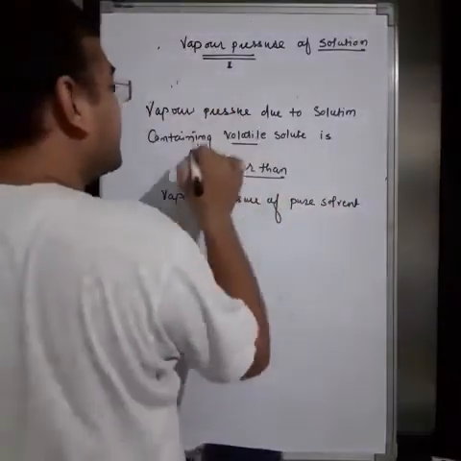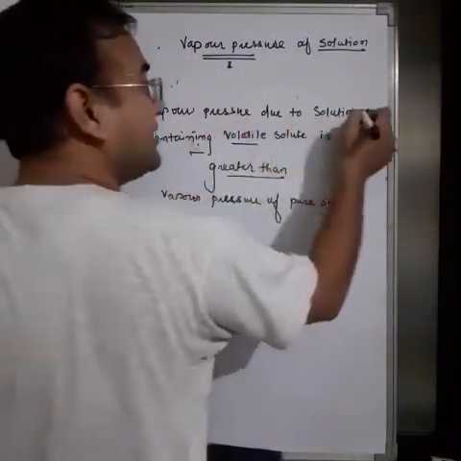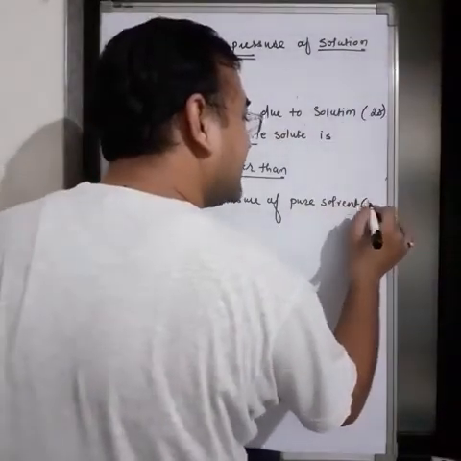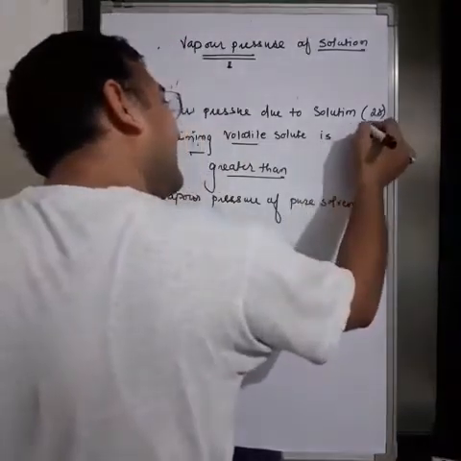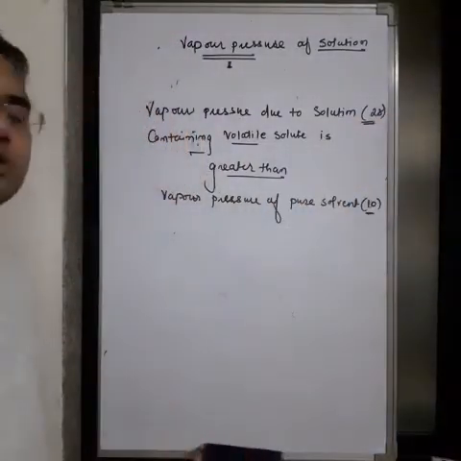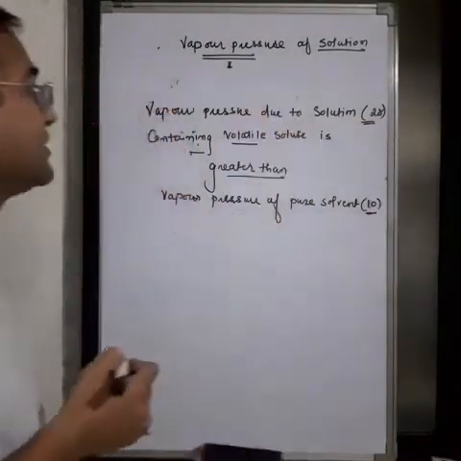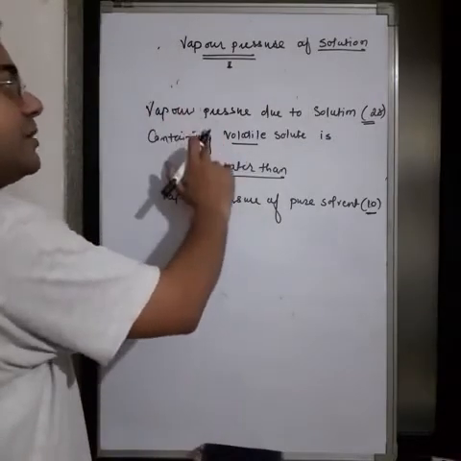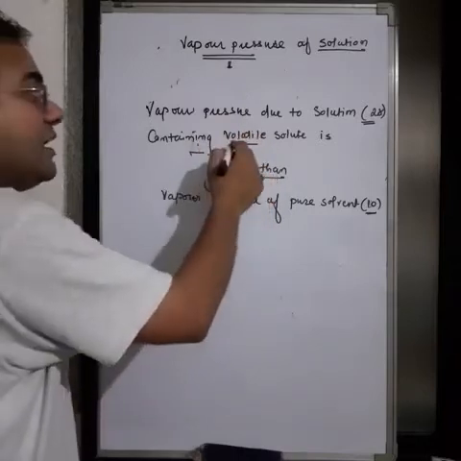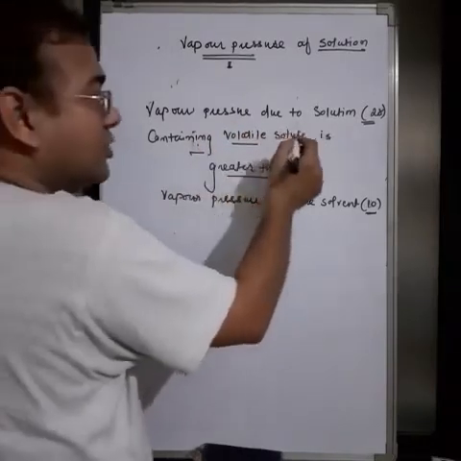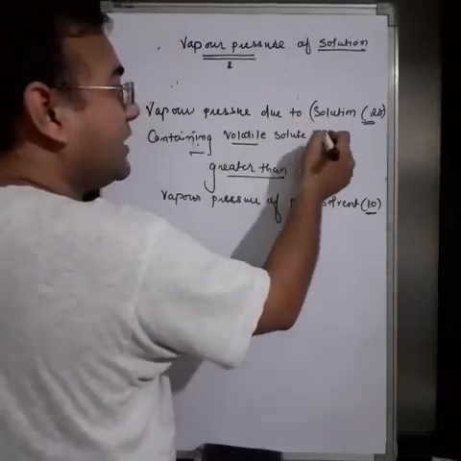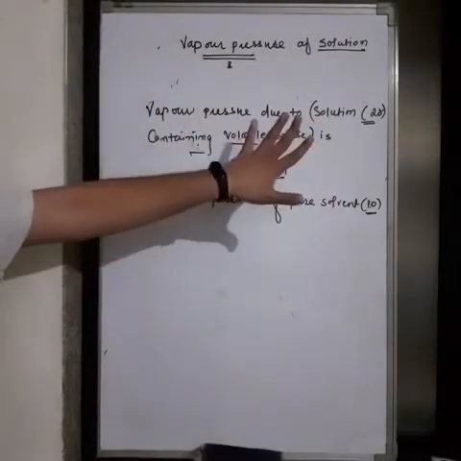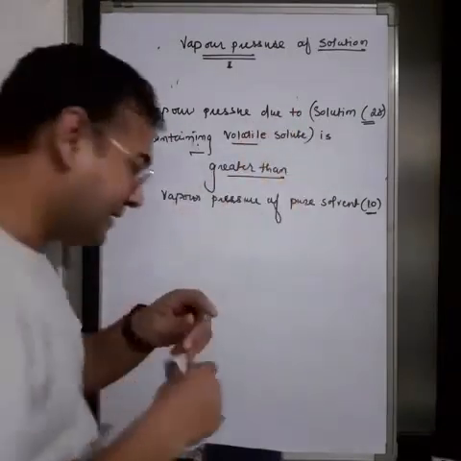Because the vapor pressure due to the solution is roughly 28 and the vapor pressure due to the pure solvent is 10. So definitely 28 vapors apply more pressure than these 10. So this is a very basic concept regarding the vapor pressure of a solution containing volatile solute. Got it? Very similar to this, we have to see its other part.